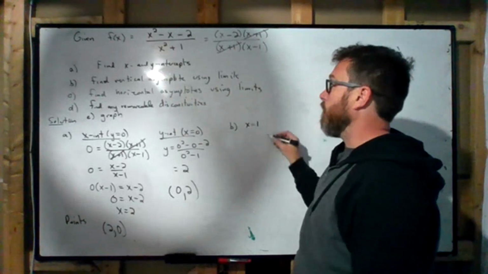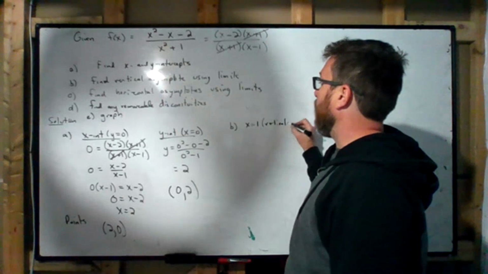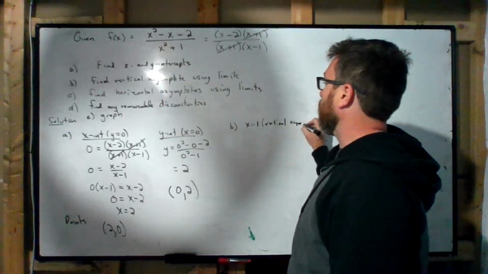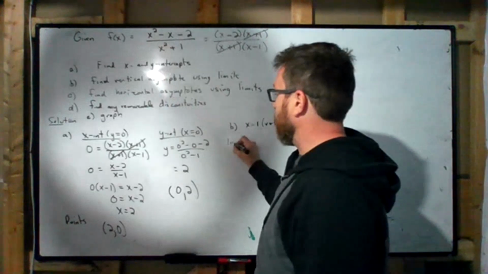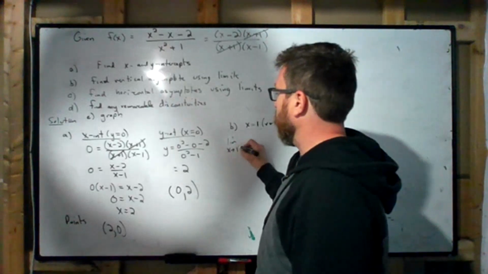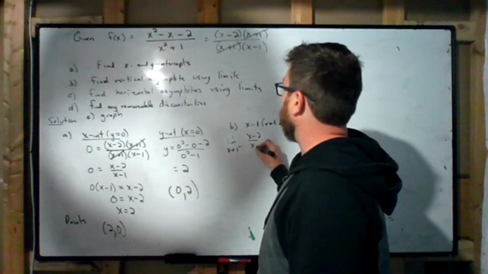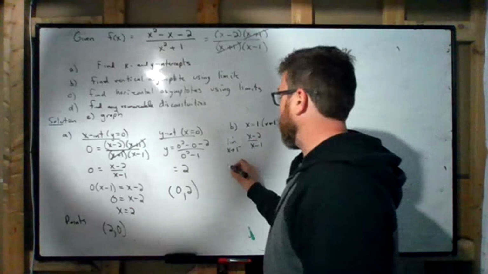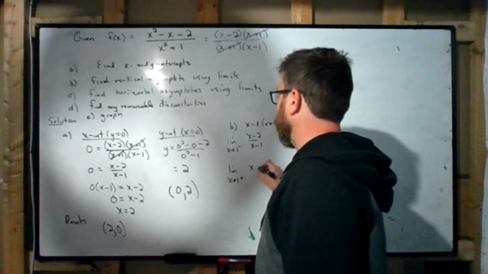For a vertical asymptote, I know that I have to use limits. So I'm going to take the limit as x approaches 1 from the negative side of x minus 2 all over x minus 1. And I'm also going to take the limit as x approaches 1 from the positive direction of that exact same function.